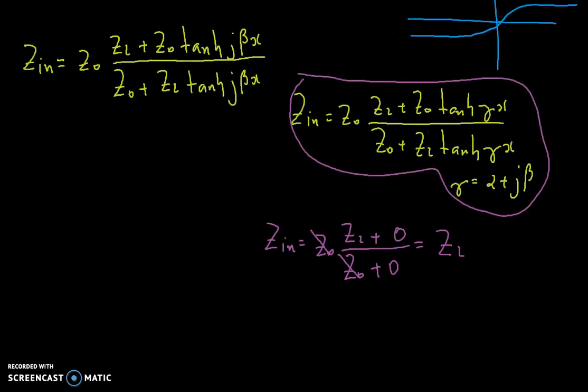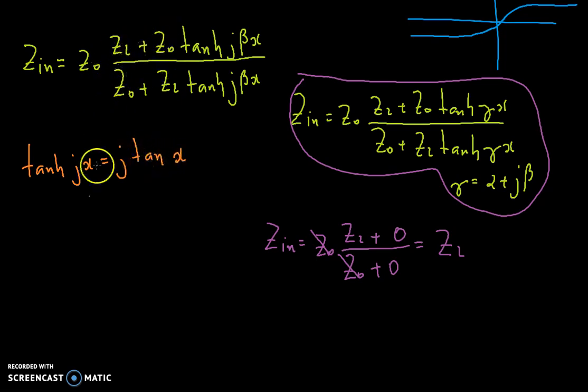Now let's just work a little bit more with this formula here for a lossless line, which is usually the case. For a lossless line, there's another fact, which is the tanh of a purely imaginary number. Let's say tanh of jx is equal to j times the tangent function of x. So this is the hyperbolic tangent, and this is the normal circular, trigonometric tangent.